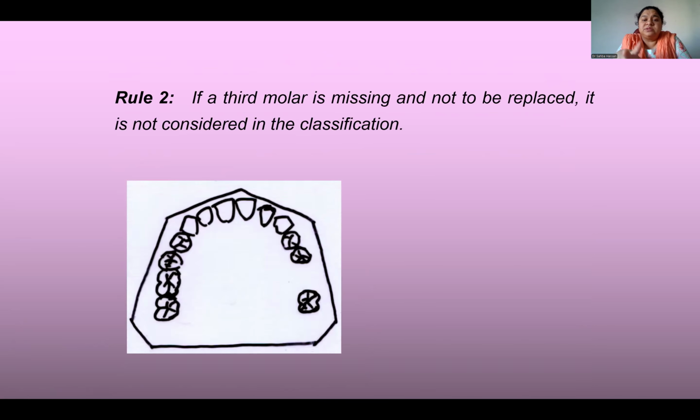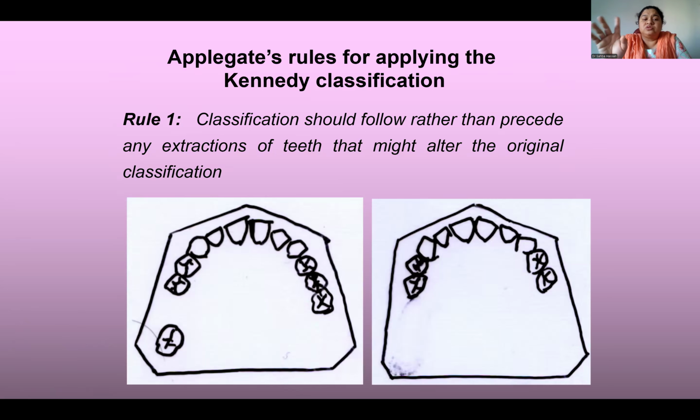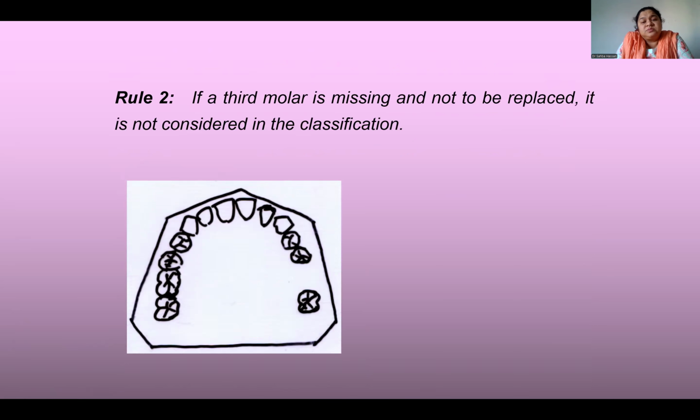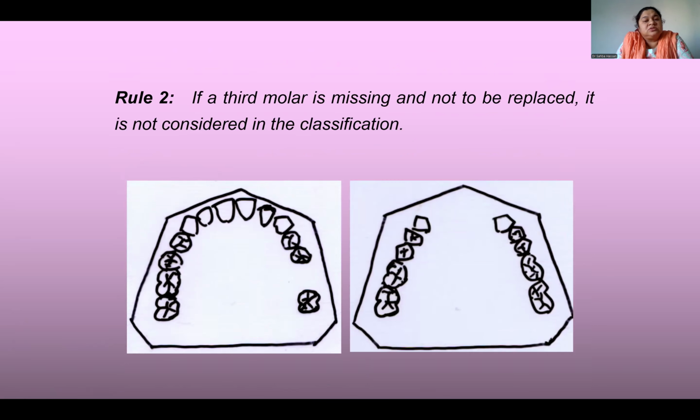In the rules, one thing is there: the posterior-most space we consider first. If a third molar is missing and not to be replaced, it is not considered in the classification. If it is missing and we are not replacing it, we cannot consider it. We have to deal with whatever is there.